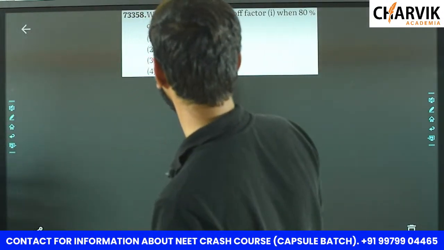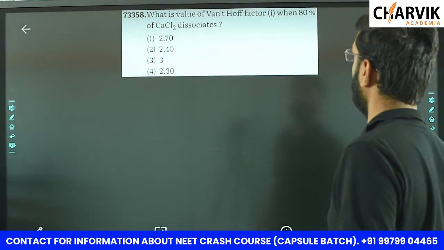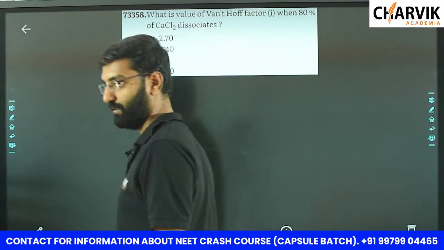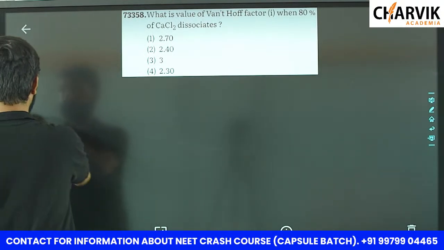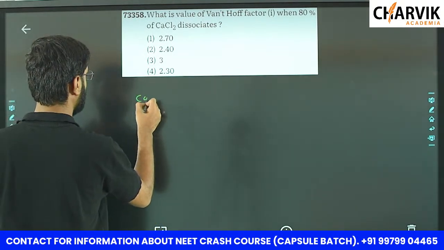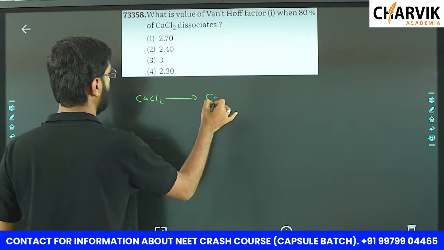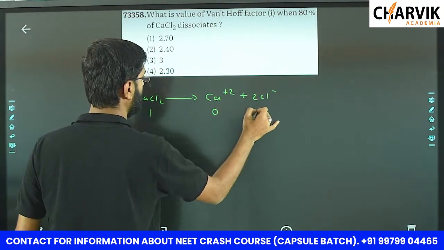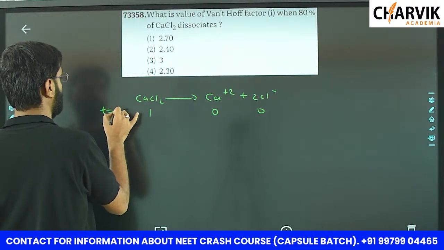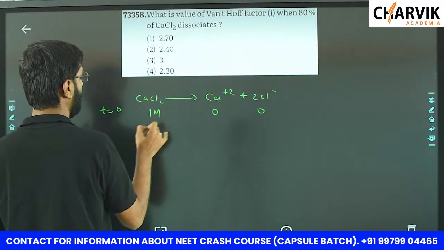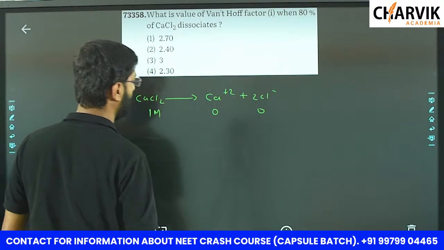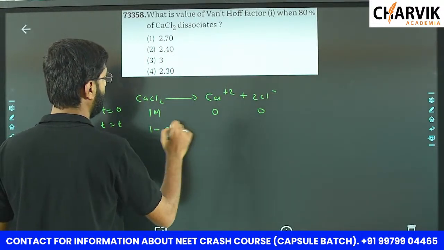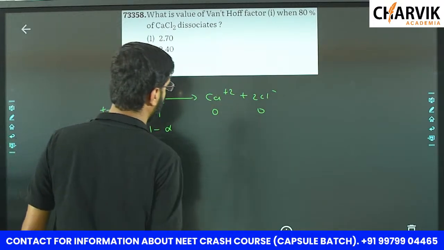This one. What is the value of van't Hoff factor when 80% is dissociated? CaCl2 dissociates into Ca2+ and 2Cl-. If initial concentration is 1 molar, then Ca2+ and 2Cl- are 0. After some time, 1 minus alpha, CaCl2 dissociates into Ca2+ and 2Cl-.